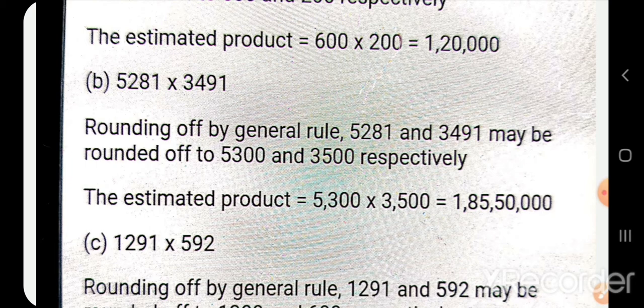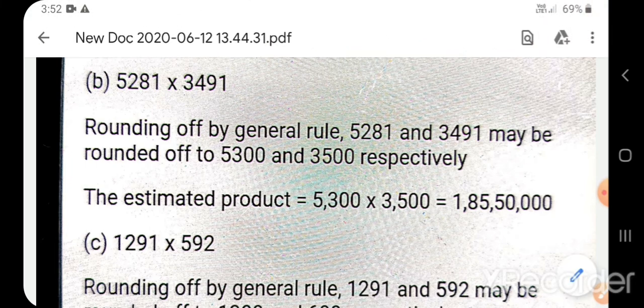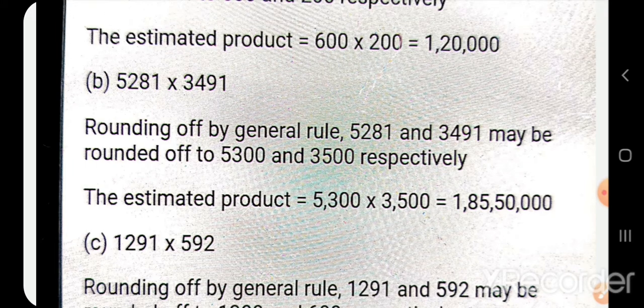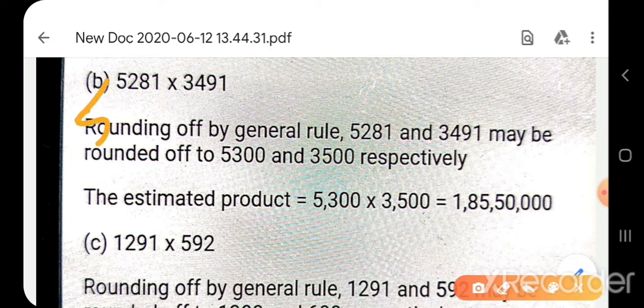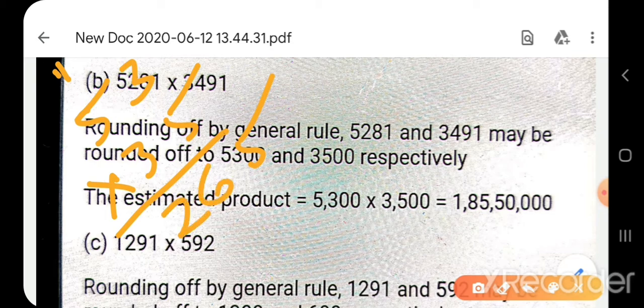Now we will find the estimated product of these two. So the estimated product is equal to 5,300 into 3,500. So let's do the multiplication of 53 and 35. 5 3s are 15, 5 and carry 1, 5 5s are 25 plus 1 is 26. 0, 3 3s are 9, 3 5s are 15.